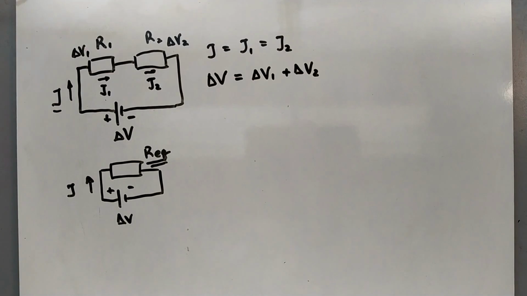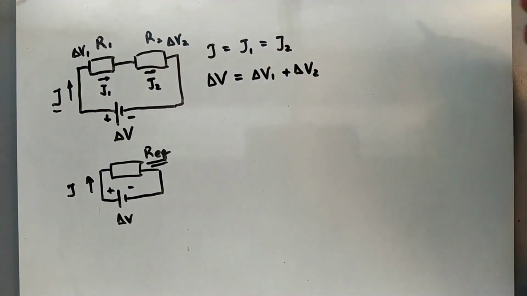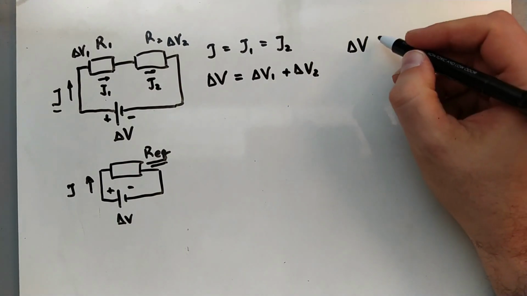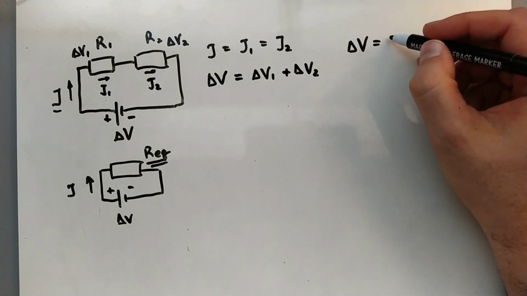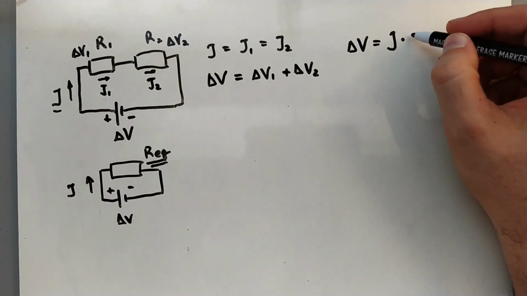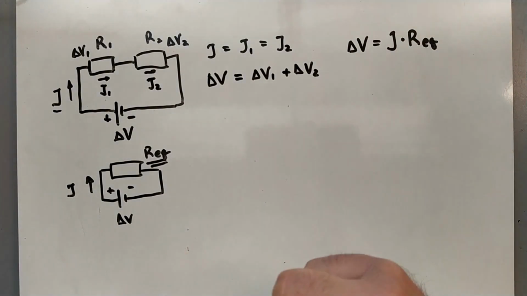So now, if we consider the integral form of Ohm's law, we can write that in general delta V should be equal to current times resistance. And in this case, we can put here equivalent resistance.